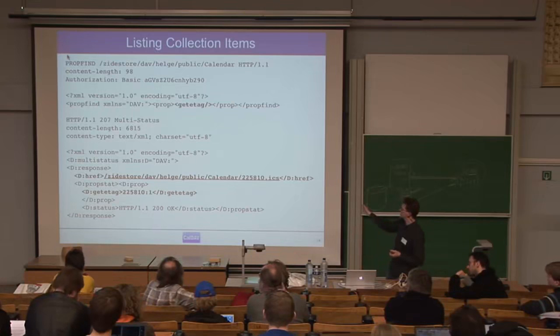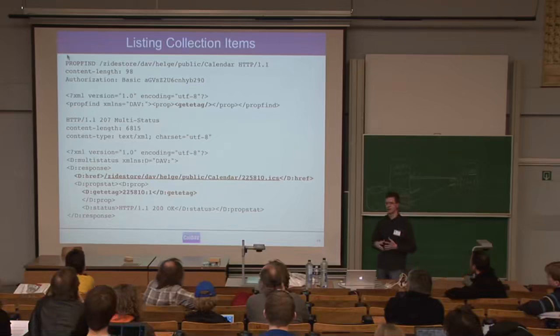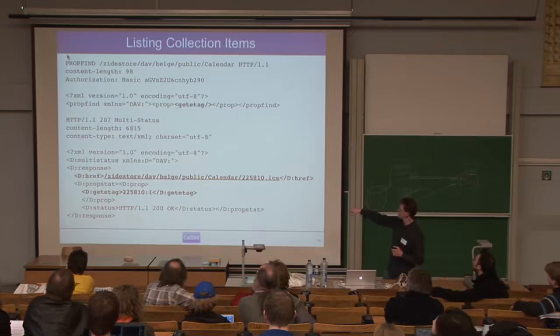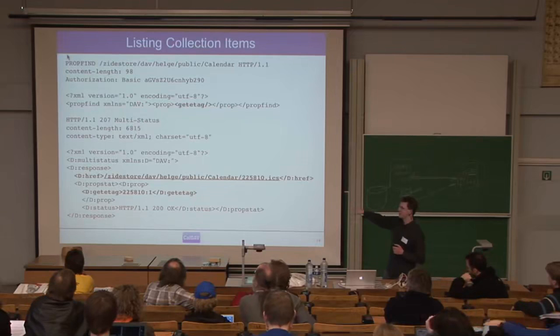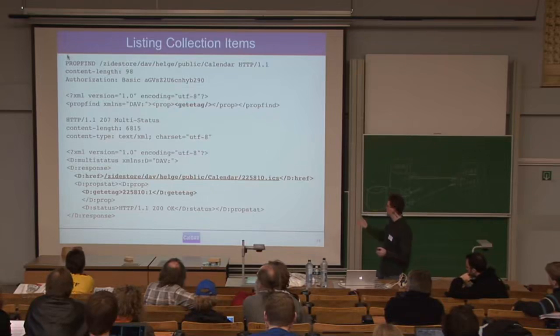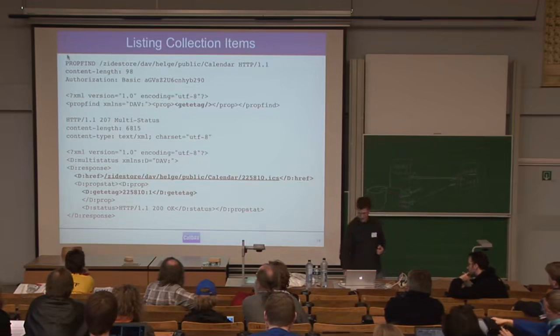And it always returns such a multi-status response, which is basically an XML representation of multiple HTTP responses. In this case, the ETag is returned and it always embeds the thing in such a response element which contains the URL to the item which is below that collection. In this case, calendar and some item, it's just a unique ID. The user usually doesn't see that.